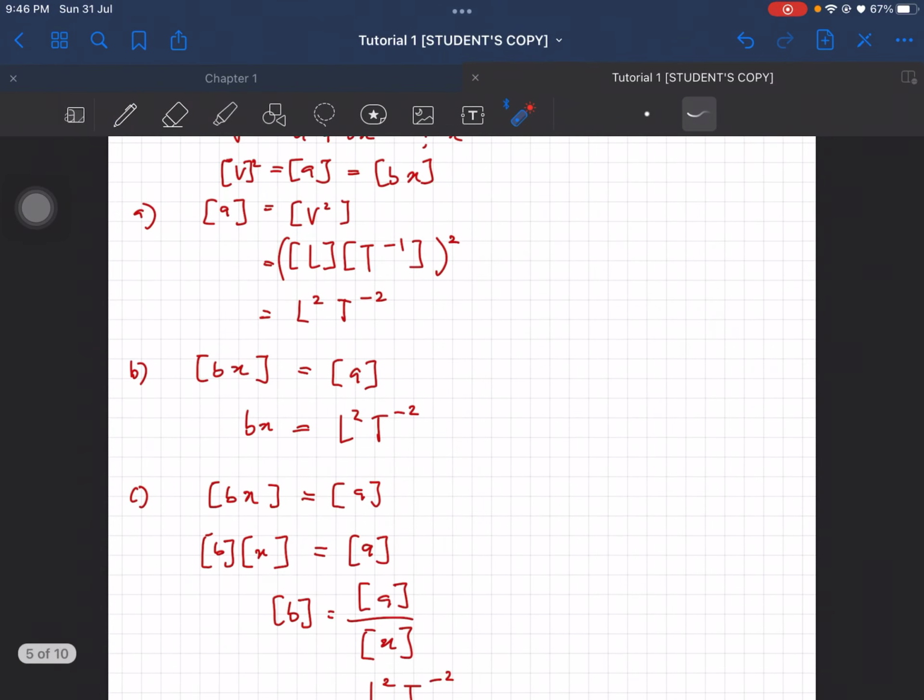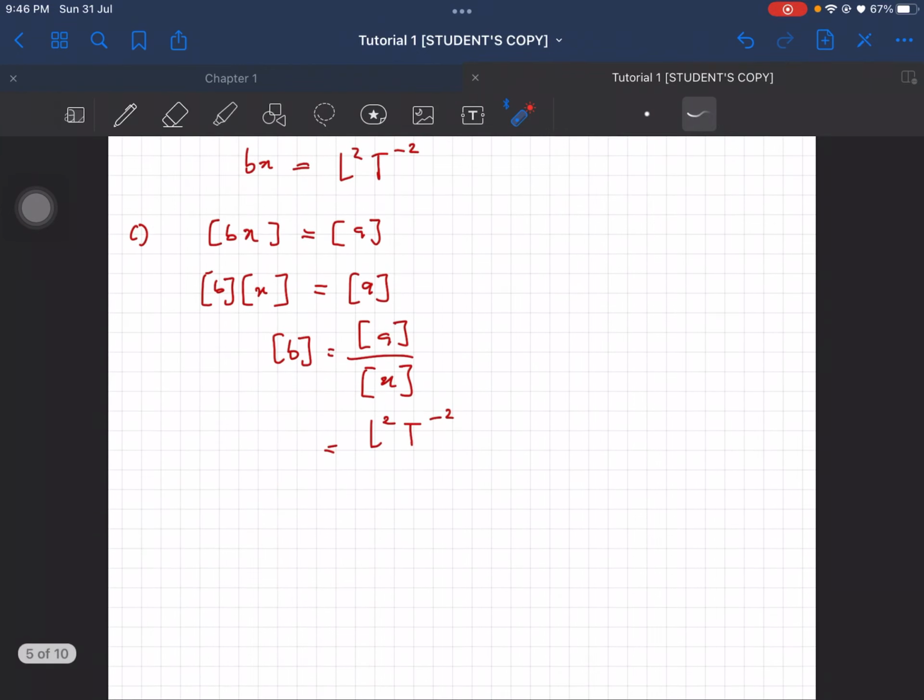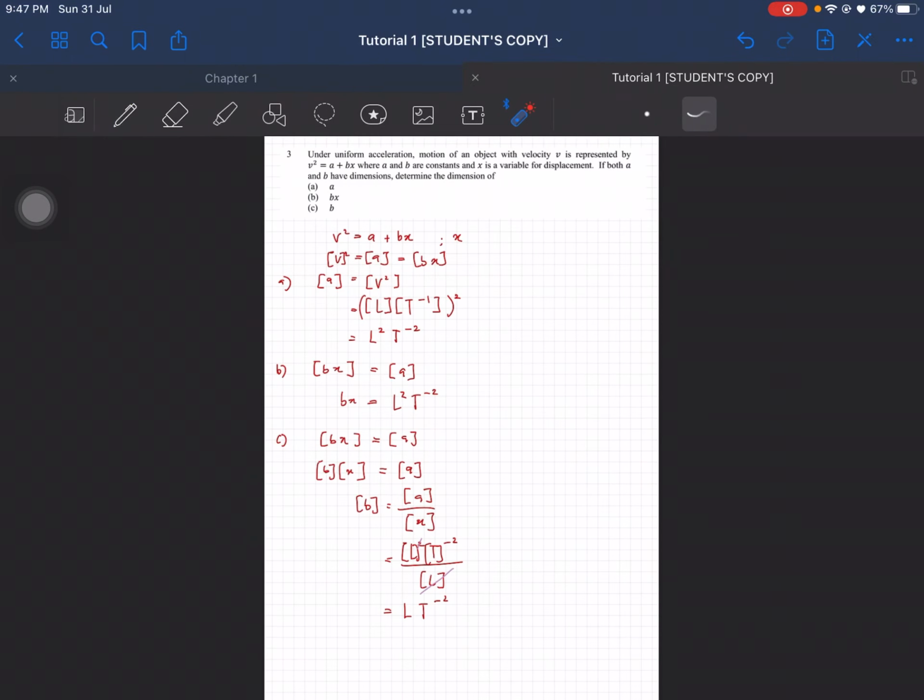So a is this one that we found just now, which is L square t to the power of negative 2 over x, which is L. Okay, and then if we simplify this, we get L over L equal to 1. So we are left with L t negative 2. So that is the dimension of b.